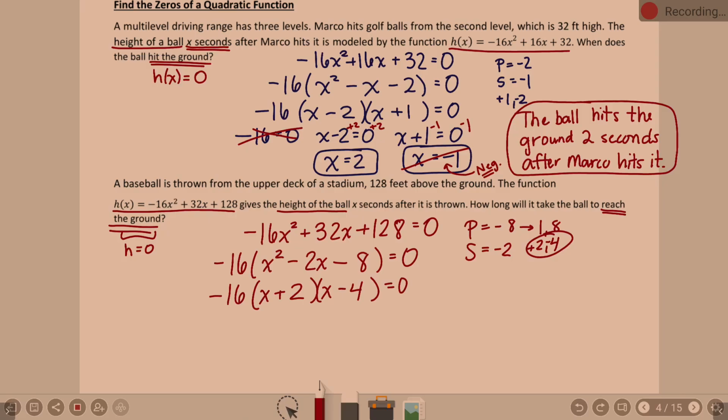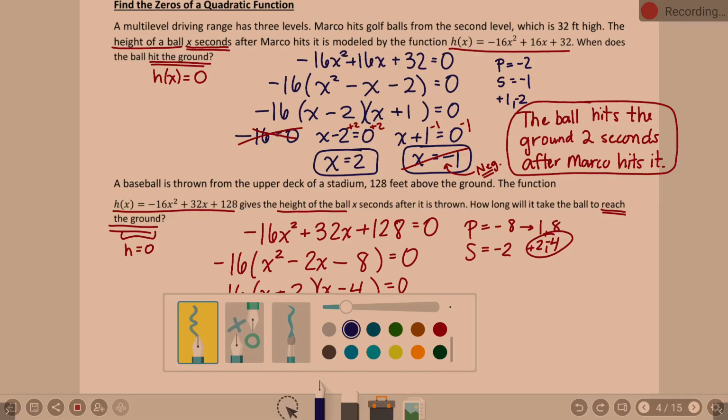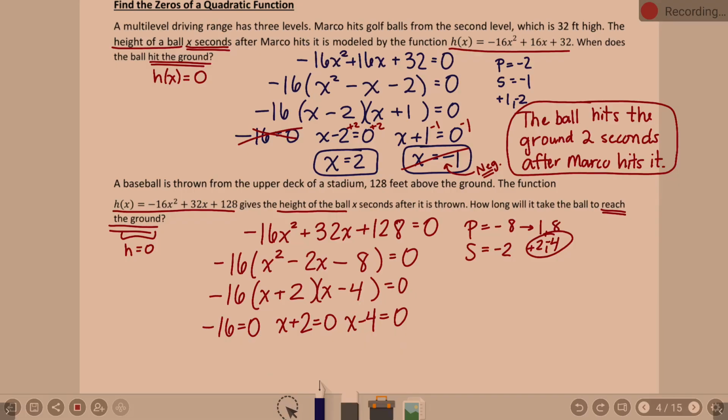And what's my finishing touch? Set each factor equal to 0. Negative 16 equals 0. X plus 2 equals 0. X minus 4 equals 0. Now, what do we know about negative 16 equals 0? It doesn't matter. There's no variables. We could have divided the negative 16 out. Forget about it.